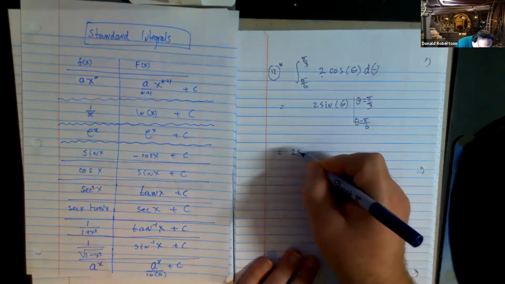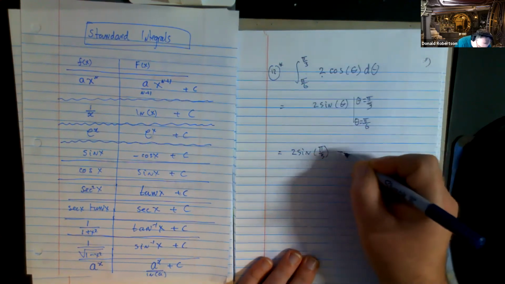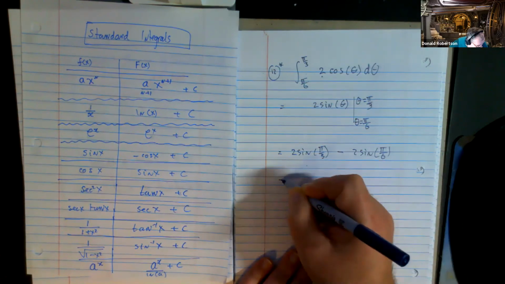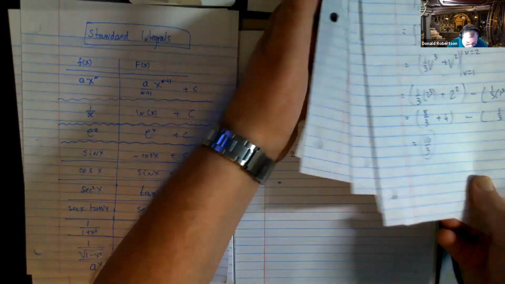I need to find 2 sine pi upon 3, take away 2 sine pi upon 6. And let's see if that guy's handy.